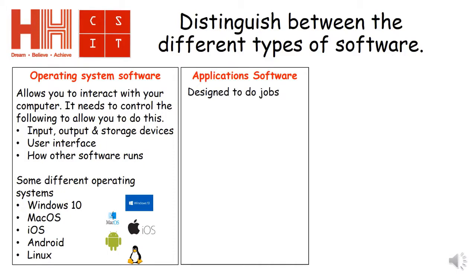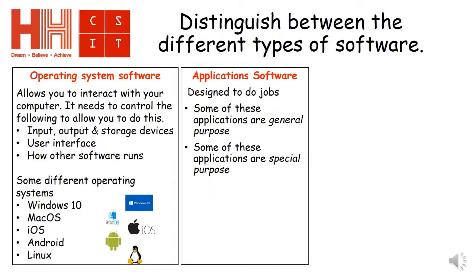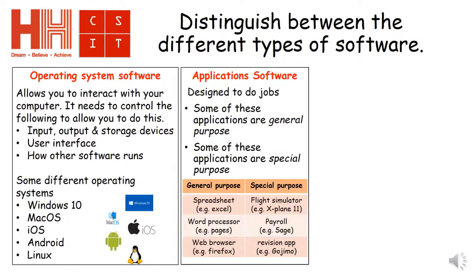Moving on to application software. Now, these are the software that does the jobs, okay? They're split into two categories: general purpose and special purpose. And these are some examples of both of these. So general purpose, things like spreadsheet software, where you can use it for several different purposes, word processors and web browsers.